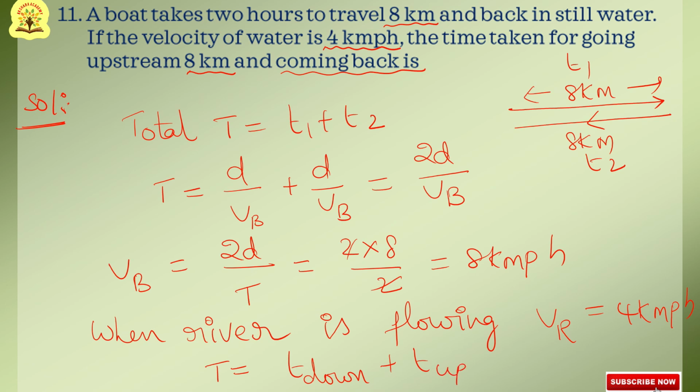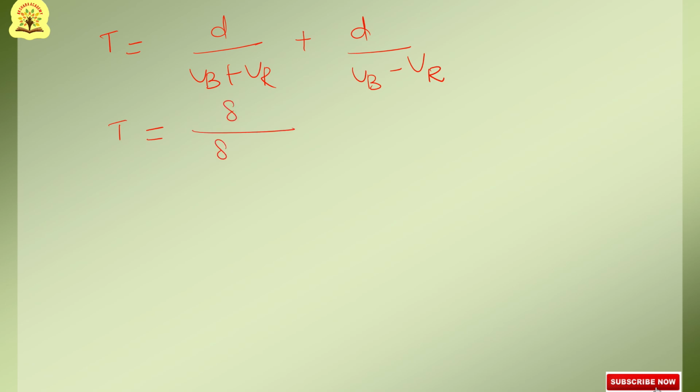So T is equal to D by VB plus VR plus D by VB minus VR. Now substituting the values, D as 8, VB as 8, VR as 4: 8 by 8 plus 4, that is 12, and 8 by 8 minus 4, that is 4. 4 ones are 4, 4 twos are 8, and 4 threes are 12.